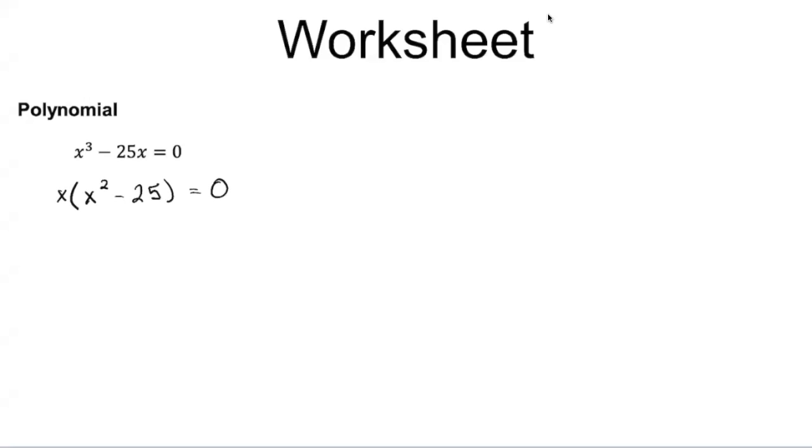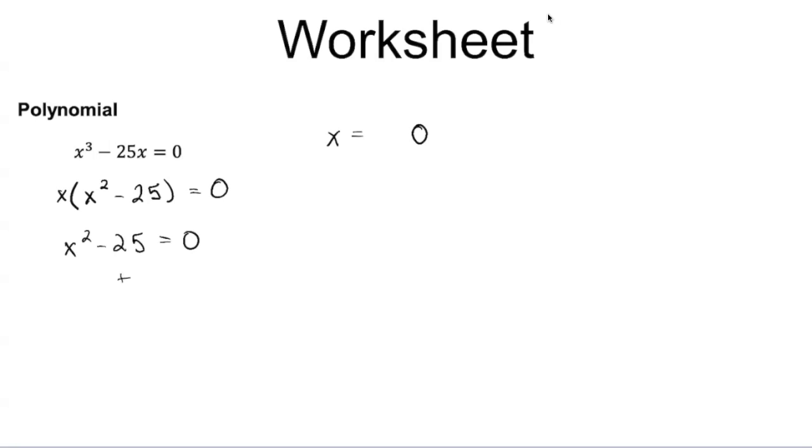So conveniently, since it's already in factored form, I can state that x, or one of the values of x, is equal to 0. But I also know that x squared minus 25 could also equal 0. Well, now this takes us back to the very beginning of this presentation, where we can use the square root principle.